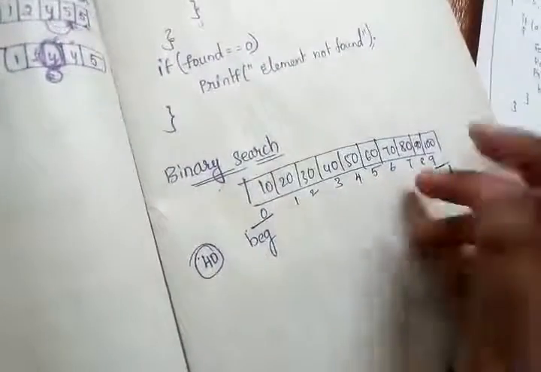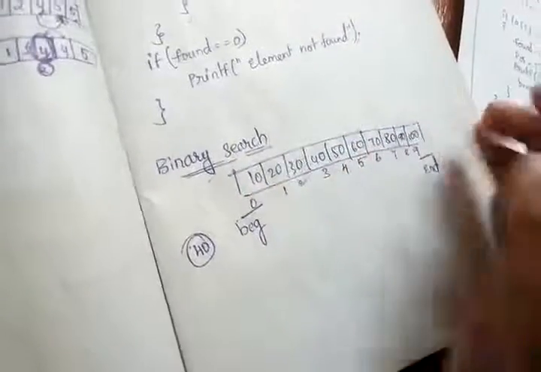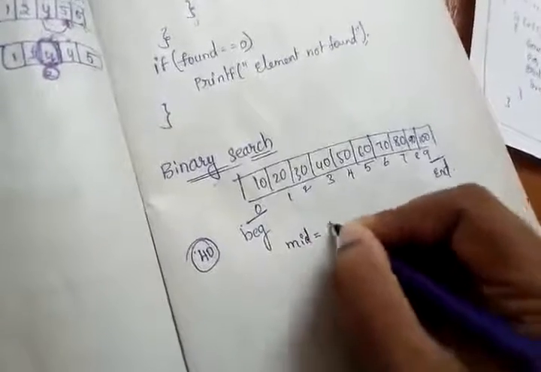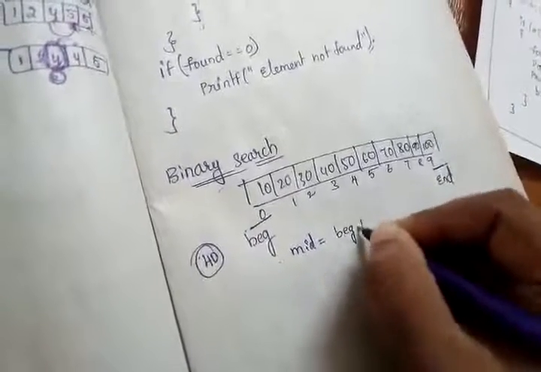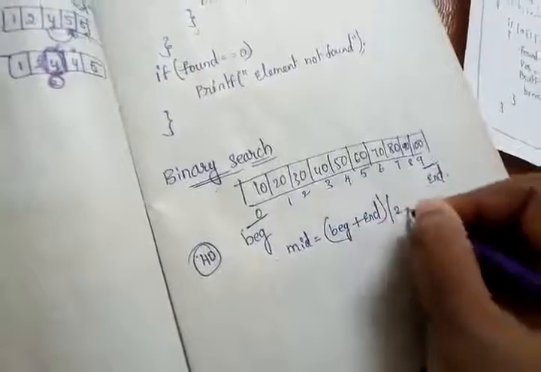Then you need to find the middle element in order to make the array into two halves. How will you get the middle element? mid is equal to the beginning index plus the ending index, divided by 2.